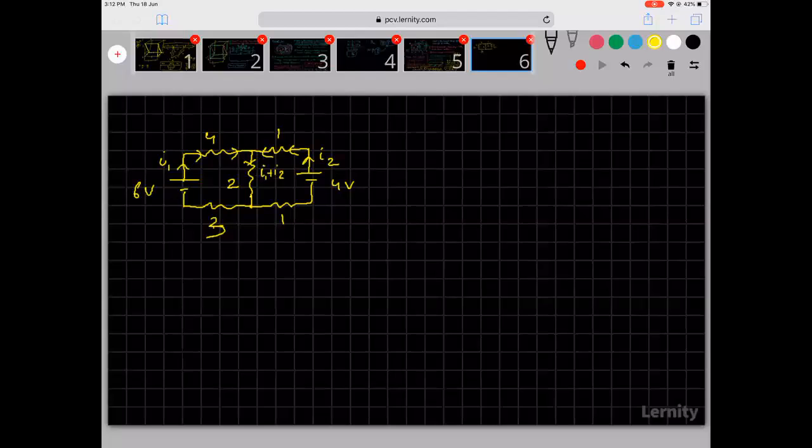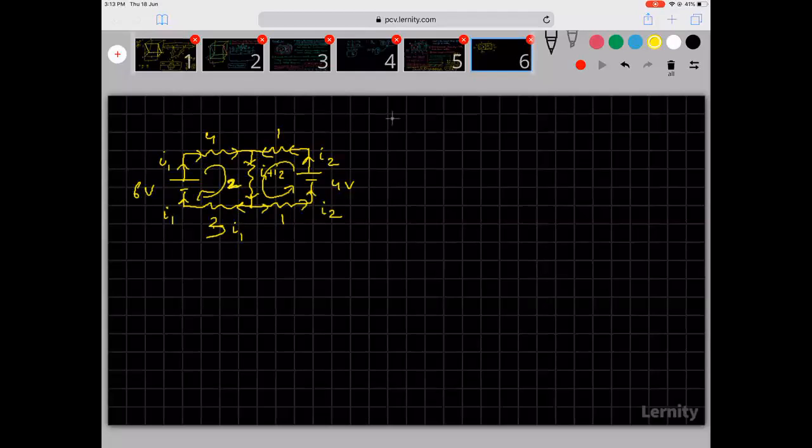Again, how much will go this side? I1, because I1 is coming, so I1 will be here. Then I2 will be going this side. So this is perfect. Even now you can take one loop here, and another loop here, and then you can work out and get it. Can you please work it out? This is 2 ohms.